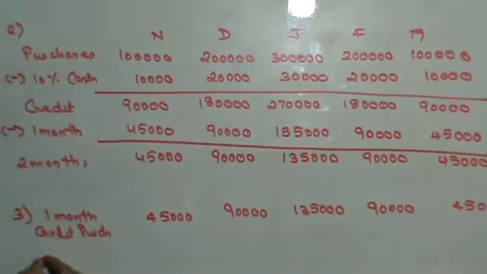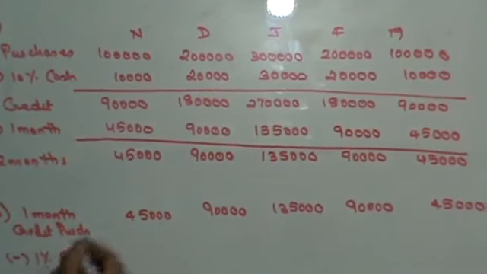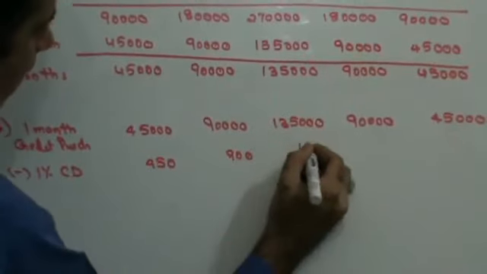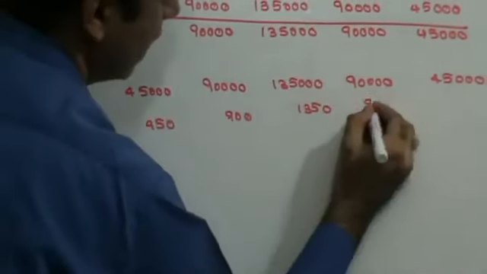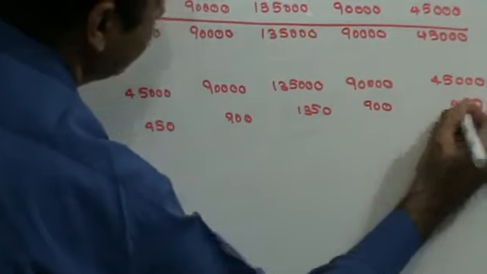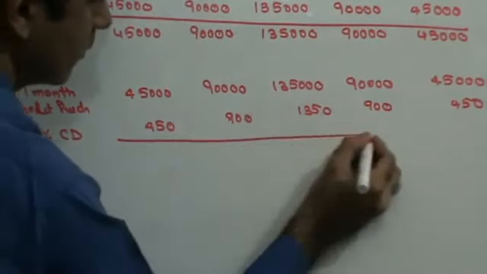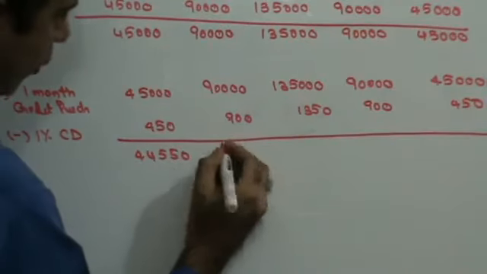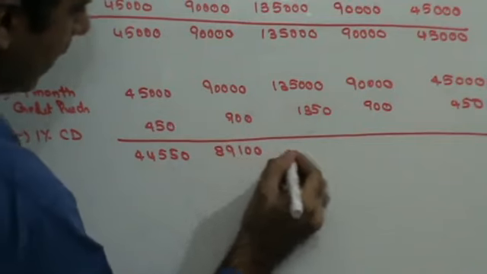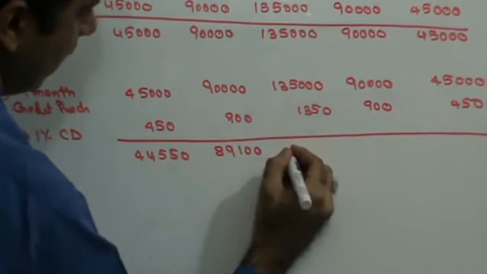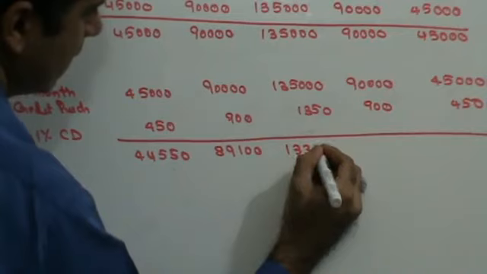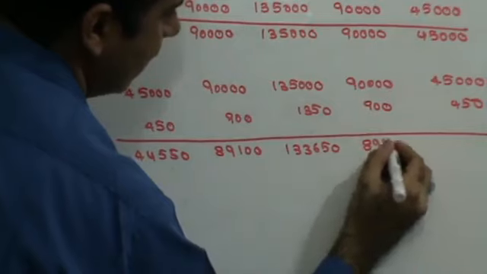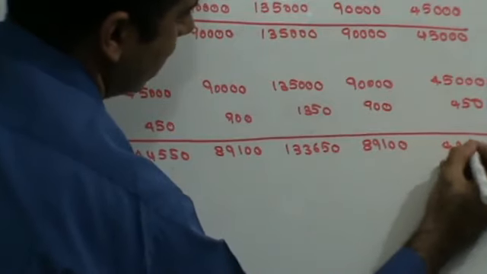This is subject to 1% cash discount: 450, 900, 1350, 900, 450. So the amounts are 44,550, 89,100, 1 lakh 33,650. Some of these go on cross checking. This is 89,100 and this is 44,550.